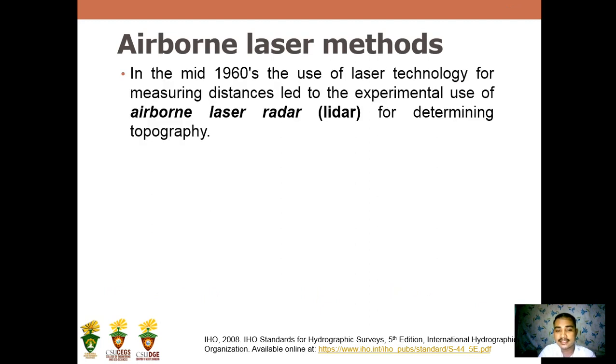In the mid-1960s class, the use of laser technology for measuring distances led to the experimental use of airborne laser radar, or LiDAR, light detection and ranging, for determining topography. They realized that laser technology is capable of measuring distances, and they studied through experiments how this laser technology can determine the topography of the land.